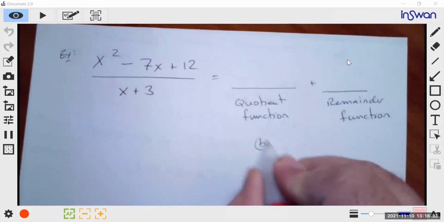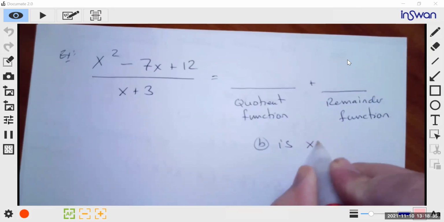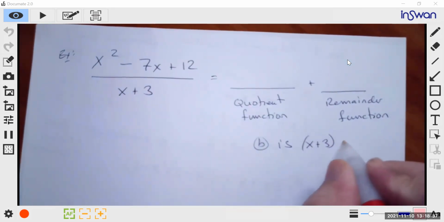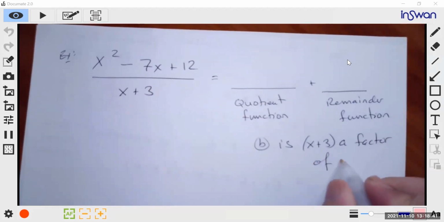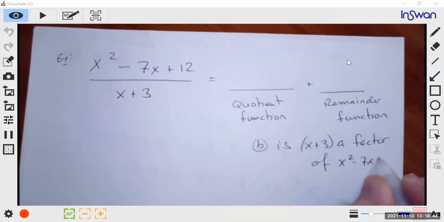And then B, is x plus 3 a factor of x squared minus 7x plus 12?